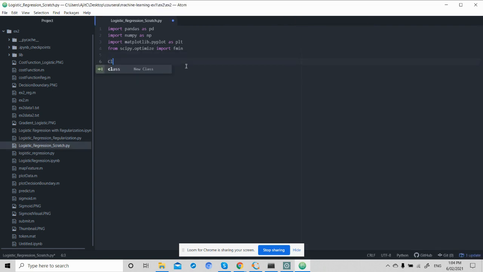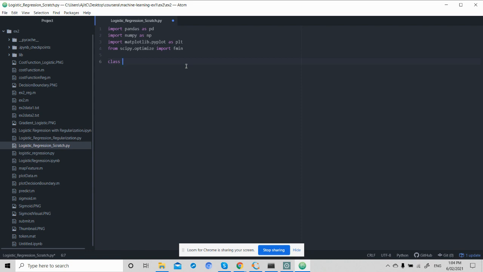I'm creating a class here because in the next video we will be implementing regularization in logistic regression, and we will be using the methods that we have created in a class. So instead of doing it repeatedly, I thought of creating a class that we can inherit while implementing regularization in logistic regression.